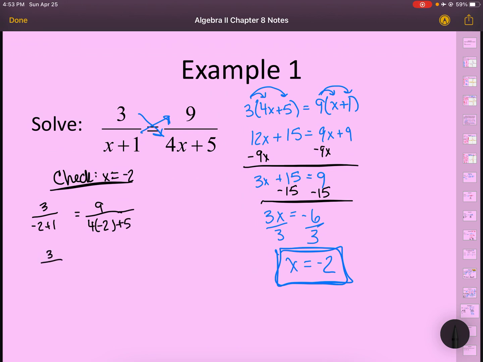So this is going to be 3 over negative 2 plus 1, which is negative 1, and then 9 over negative 8 plus 5, so this is negative 3. This is 9 over negative 3, which is the same thing as negative 3, and that works out. So our answer is x equals negative 2 after cross multiplying.